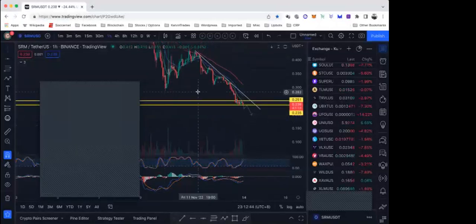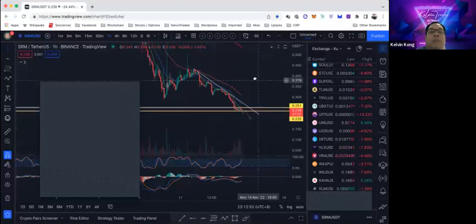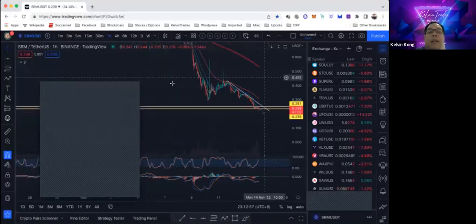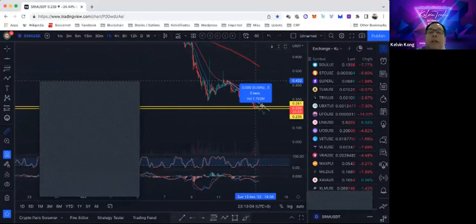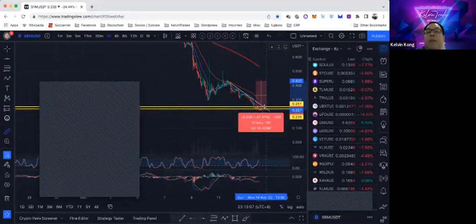This is an FTX coin, so there's a possibility you'll go all the way to $1 or below. Okay, there's a possibility lah, not guaranteed, right? It has gone down. Let's see how much has it dropped. Okay, 45%.